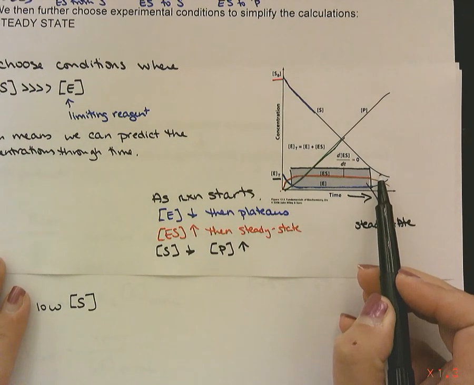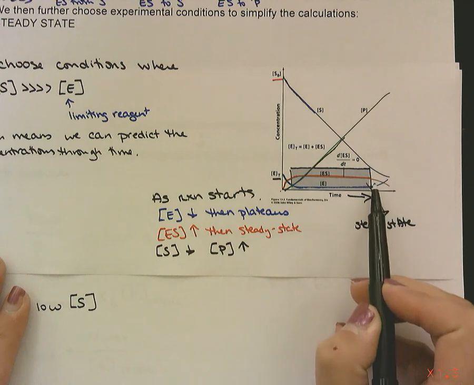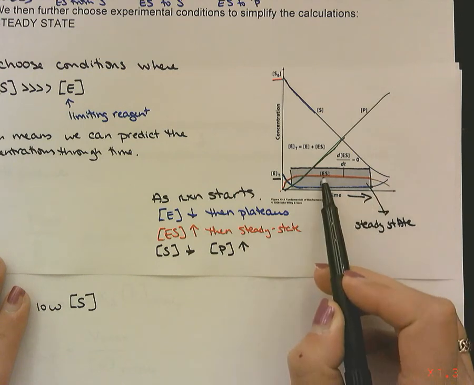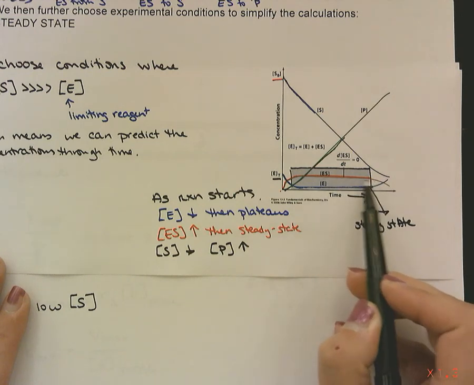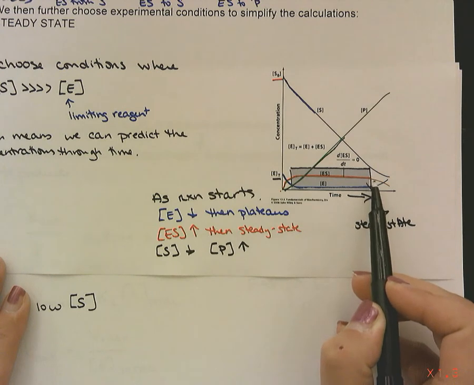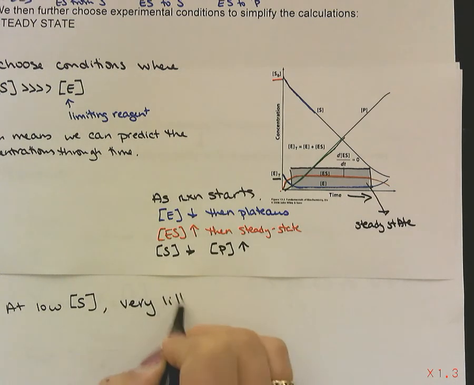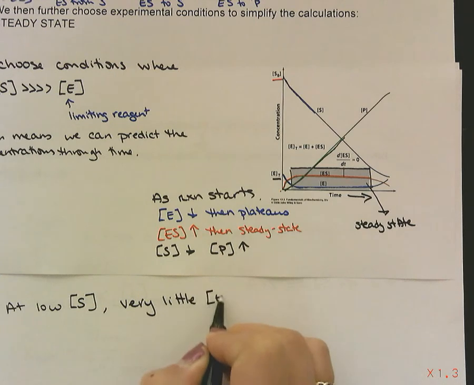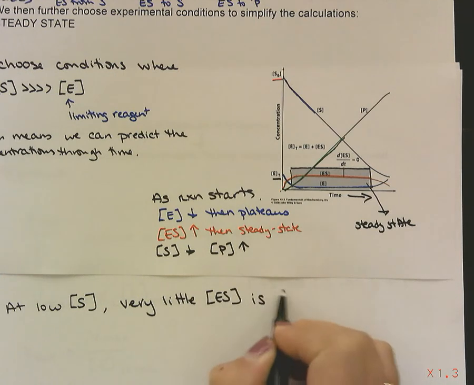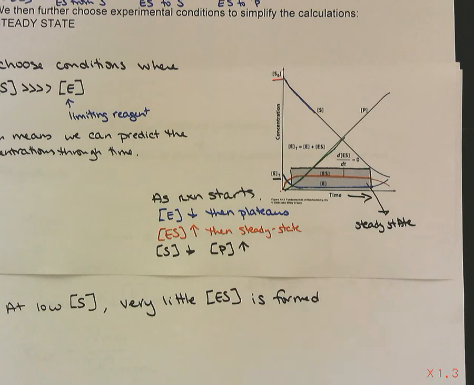I'm towards the end of my reaction. What is happening to my concentration of enzyme substrate complex after I pass the steady state? It is also decreasing. So at low substrate concentration, we are at very low concentration of enzyme substrate combinations.